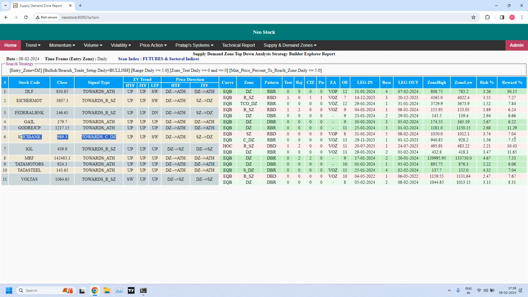And this is having 7% reward from the supply zone. Already it is moving towards the demand zone. From 7%, it came down to 5% range. And if the stock falls another 5% or within 5%, maybe between 4% to 5%, probably within that percent, it will reach the demand zone.